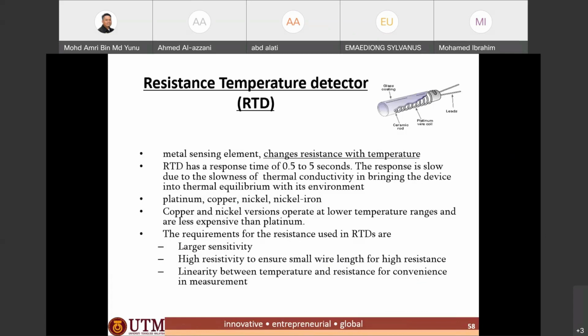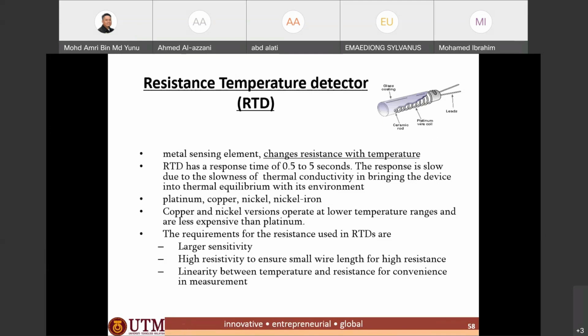This thermal sensing device is based on a metal wire, basically, and the characteristic of this metal wire is that its resistance will change when the temperature that the metal wire is exposed to is increased.